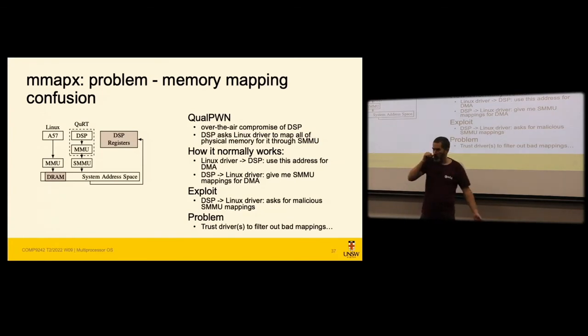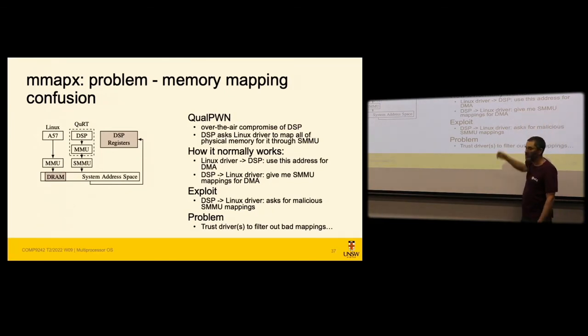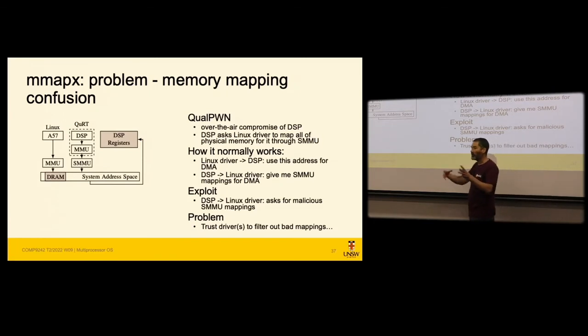But what they discovered was that the way it normally works is there's a Linux driver running on the application core for this modem, and it tells the DSP, because it needs to do DMA, to use this address for DMA. I've allocated some buffers, and these are the addresses you're going to use for DMA, but they're in Linux's address space.